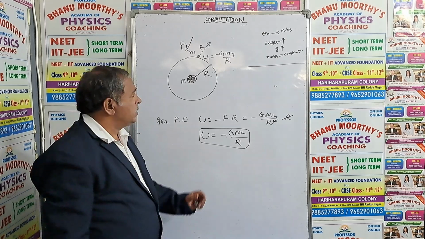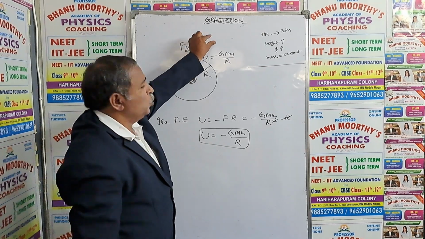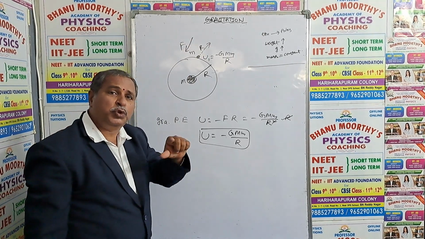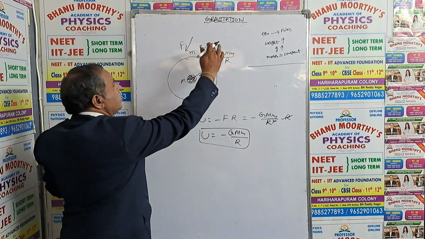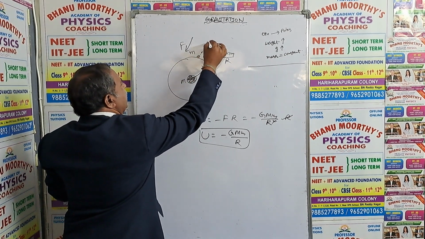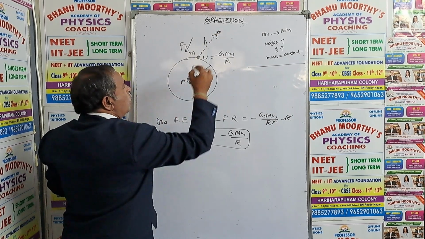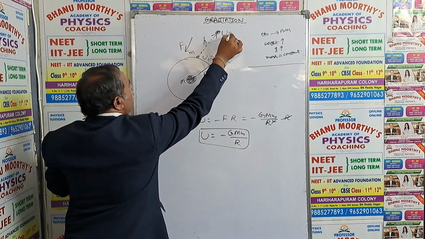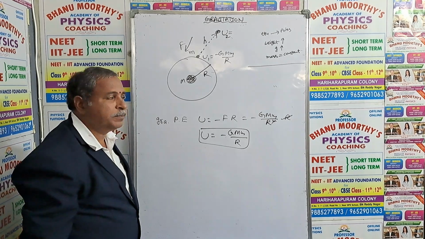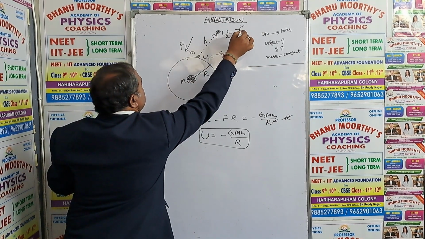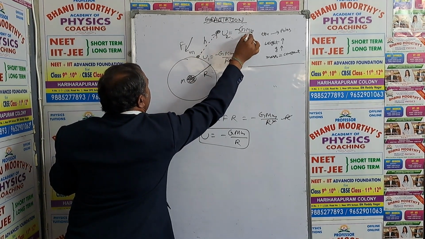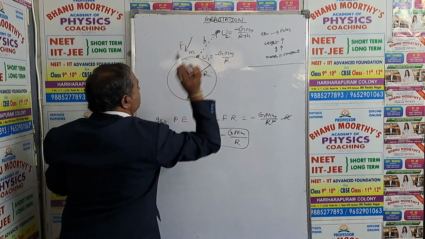Now my dear students, if the body is moved from the surface to a height h, what is the gravitational potential energy at that point? That is minus GMm by r plus h.